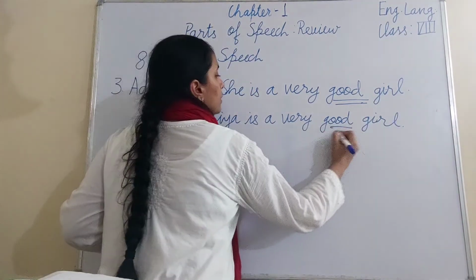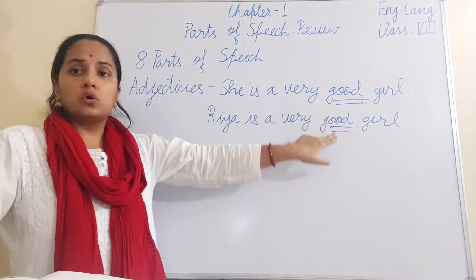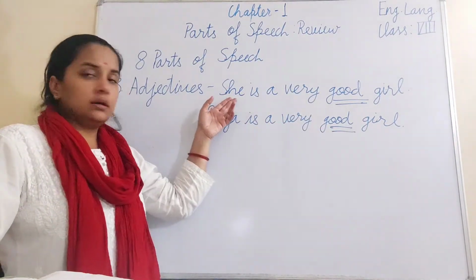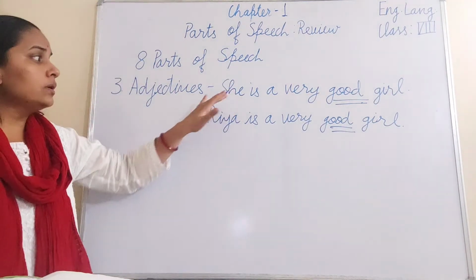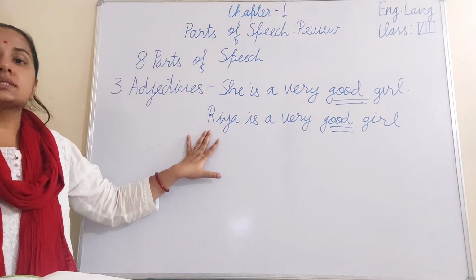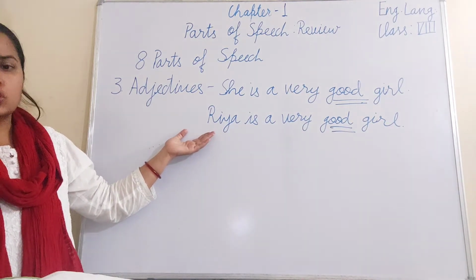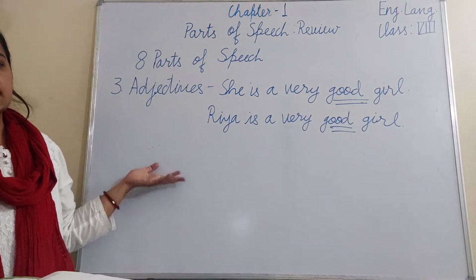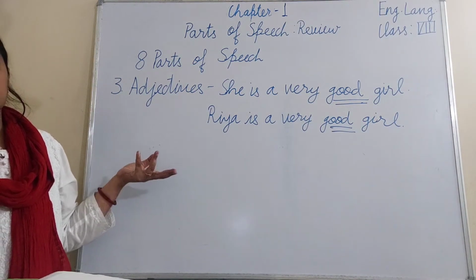So here also, in this way you can see the word good is modifying. Here it is telling something more about the pronoun, and in this sentence it is telling something more about the noun. So these words are known as the adjectives.